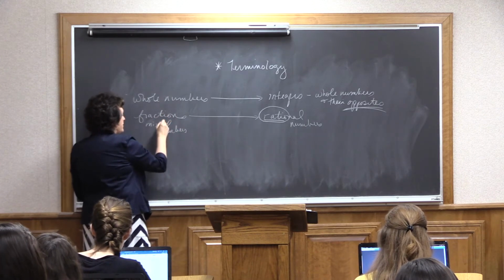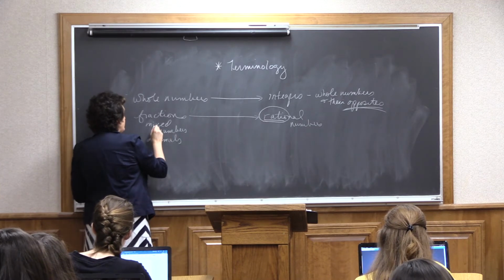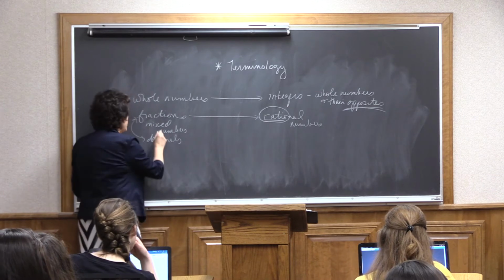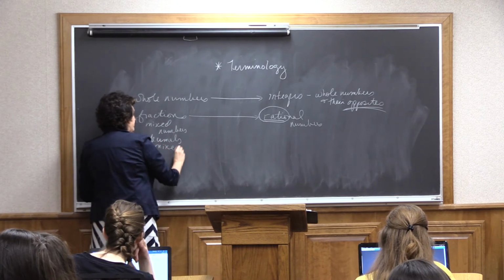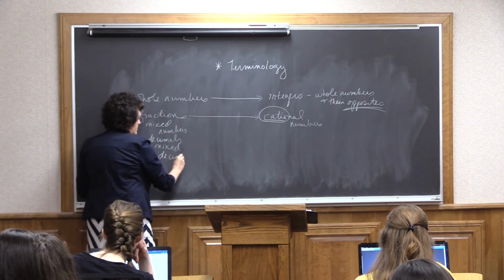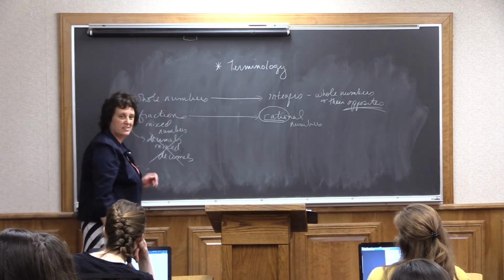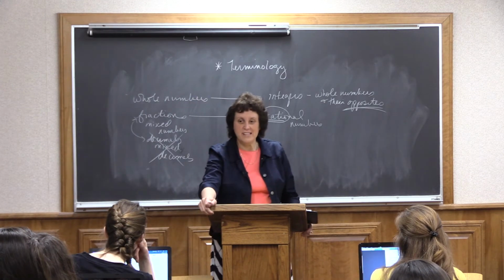And we have whole numbers, fractions, mixed numbers, and decimals. And we can kind of go back and forth between them, but decimals are not really a part of algebra.